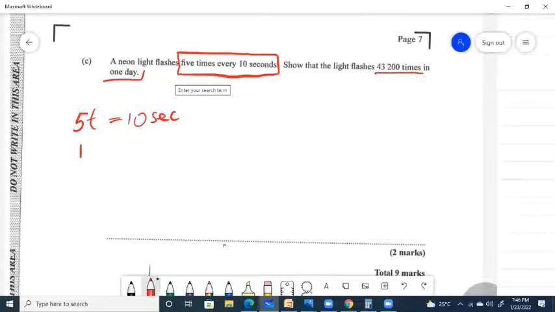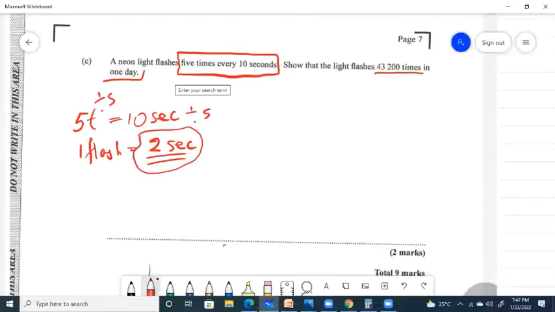If I divide by 5, I get 1 flash every 2 seconds. Because if I get 5 in 10 seconds, that means I get 1 every 2 seconds. 1, 2 flash, 3, 4 flash, 5, 6 flash, and by the time you reach 10, you get 5. So basically, I get 1 flash every 2 seconds.